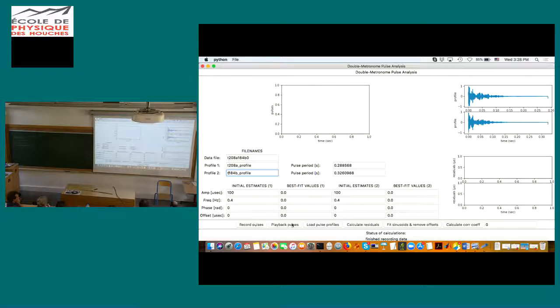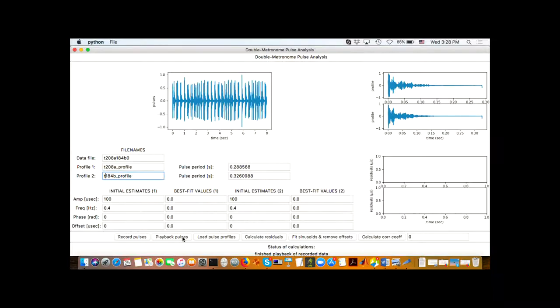Okay, finished recording data. So now I'm going to play back the pulses. And hopefully I chose the amplitudes, the volumes, similar enough that they're not way off.